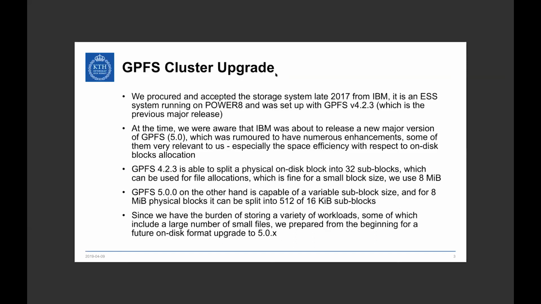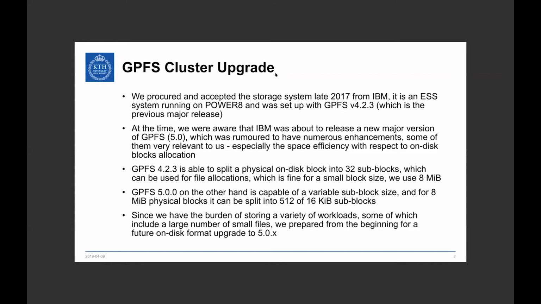And basically only after 2 months we had procured the system, IBM released Gpfs 5. We were already aware of this at the time, and we basically decided to make room for an upgrade to GPFS 5 because we knew that it has features that we desperately need.